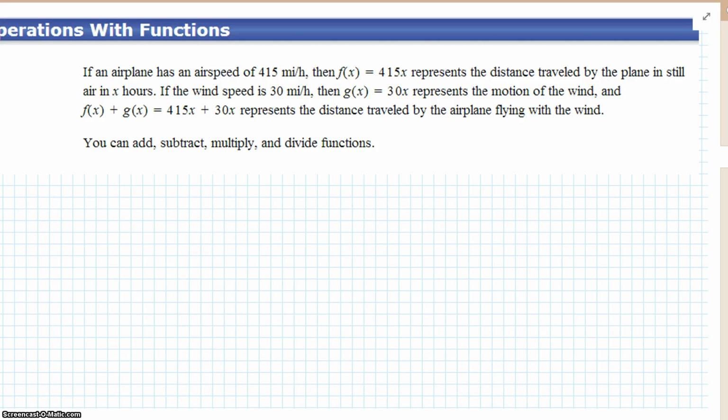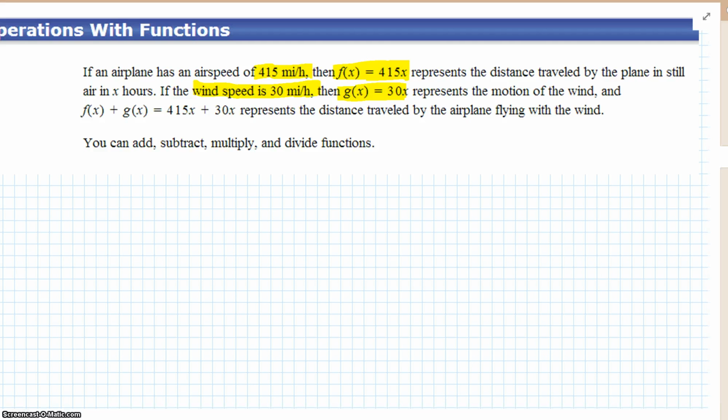If an airplane had an airspeed of 415 miles an hour, then the function f of x would be 415x, where x represents hours. But now let's add a component to the airspeed. The wind speed is 30 miles an hour, so the function g of x is 30x, where x again represents hours.